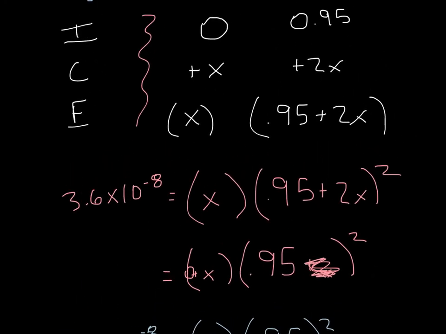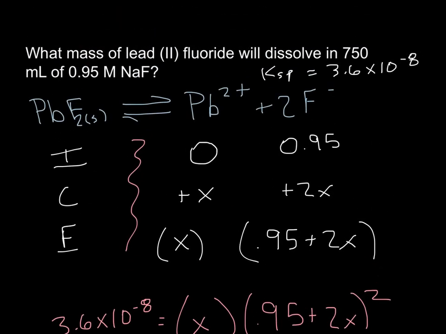And let's go back up to the top and think about this from a conceptual standpoint. I have quite a lot of fluoride particles. In fact, I have 0.95 moles per liter. And so the probability that some fluoride will bump into some lead-2 and react is quite high. I don't need much lead-2 at all to reach equilibrium. This is something called the common ion effect. Lead-2 fluoride and sodium fluoride share the common ion fluoride.